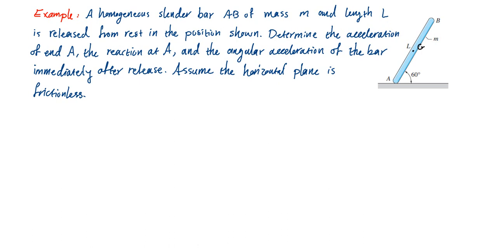Now to study the kinematics and find the acceleration of center of mass, I need to decide where to put my frame and which body or part of system I'm going to attach that frame to. So I'll put my frame, pretty straightforward, on point A and attach it to the bar.